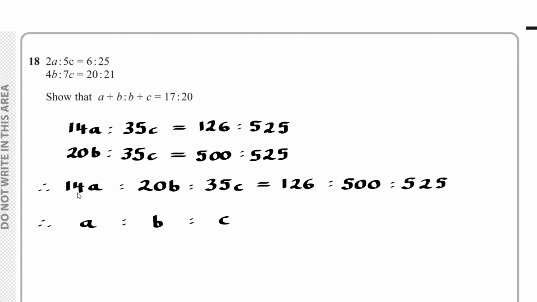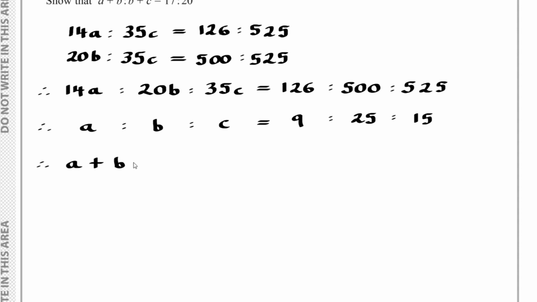Well, here I've got 14a equaling 126, so if I divide 126 by 14, I get 9. Here I have 20b equals 500, so to find out what 1b is, 500 divided by 20 is 25. And here I've got 35c equals 525, which means 1c is equal to 525 divided by 35, which is 15. So a to b to c is equal to 9 to 25 to 15.